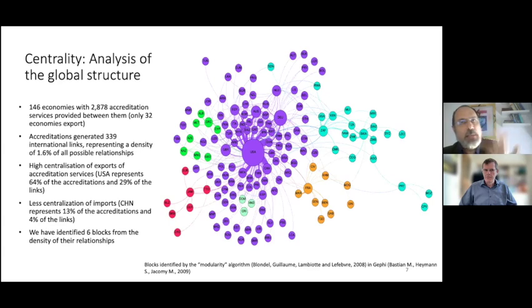So this allows us to identify a first block in purple, which is the biggest block. It involves 93 economies, and it's clearly influenced by the United States and other European economies.